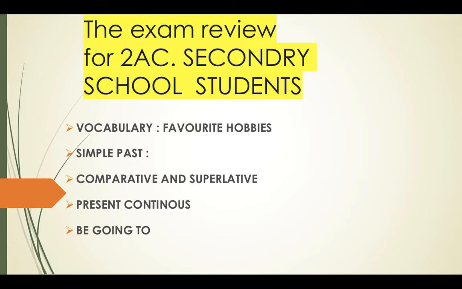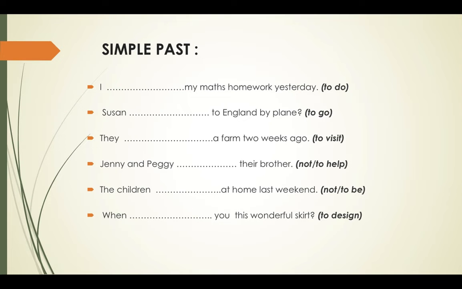Let's start with simple past. If you still remember, I already explained the rule: we add ed, d, or ied, and try to pay attention to the irregular verbs. We have regular verbs and irregular verbs, so pay attention to the forms.